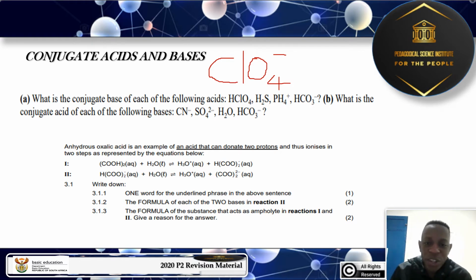So the conjugate base of HClO4 is ClO4 minus. Why? Because it has already donated its proton, which is the hydrogen.